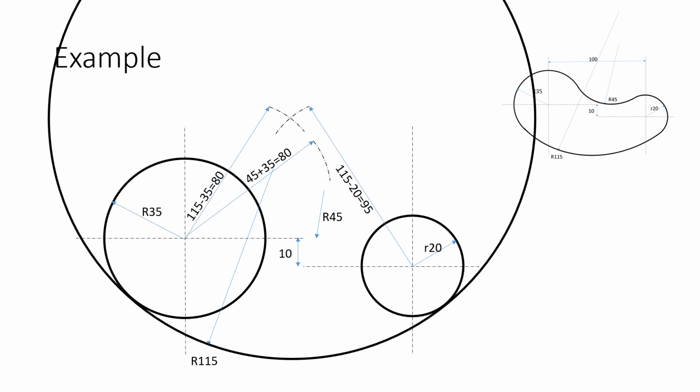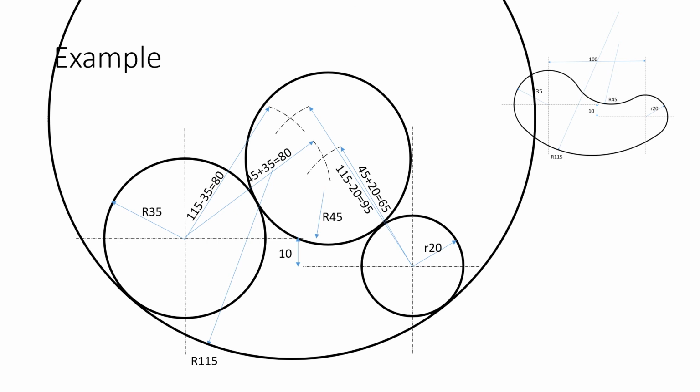So it's going to be 45 plus 35, which will give us 80, and 45 plus 20, which is going to give us 65. Where those arcs intersect is going to be the center of the external circle for our figure.